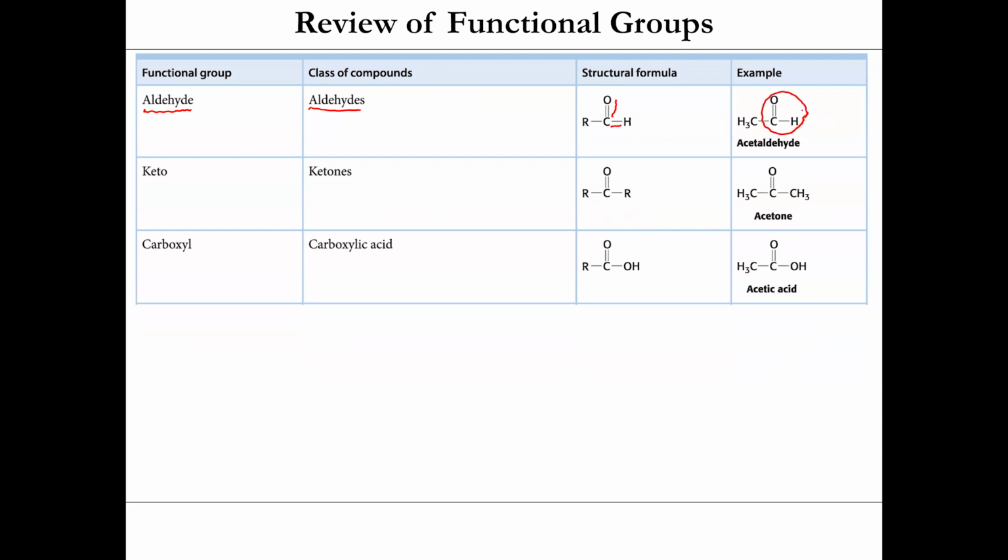Similarly, we have keto functional groups, and the class of compounds that contain these are ketones. It is a carbon double bonded to an oxygen and also bonded to two groups that are not hydrogen. An example of this would be this acetone molecule right here. Then we also have carboxyl groups, which will come into play with amino acids. An example would be the carboxylic acids.